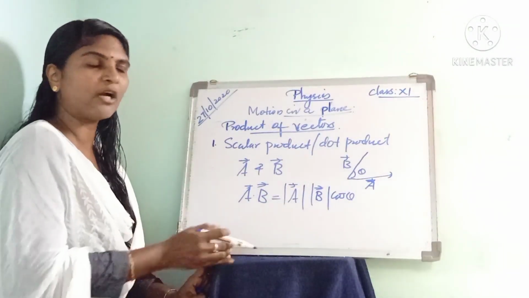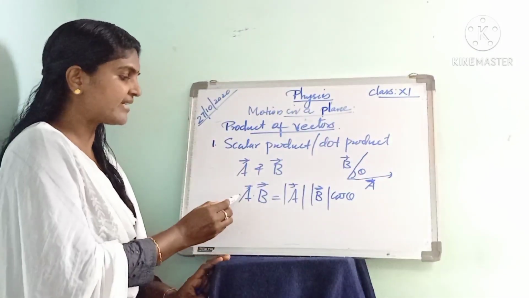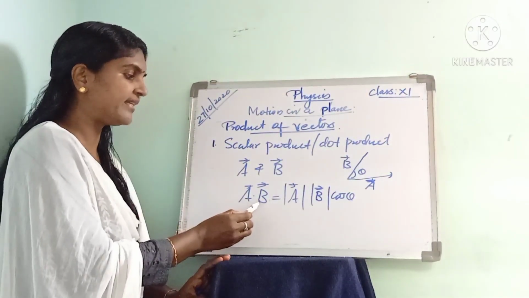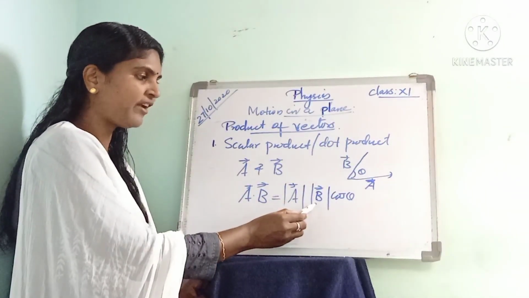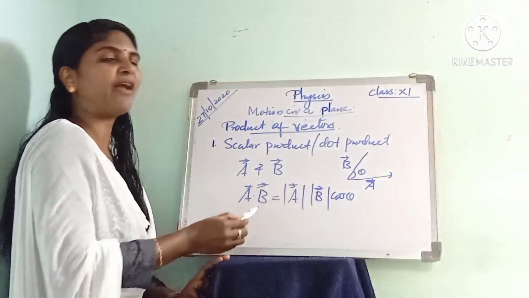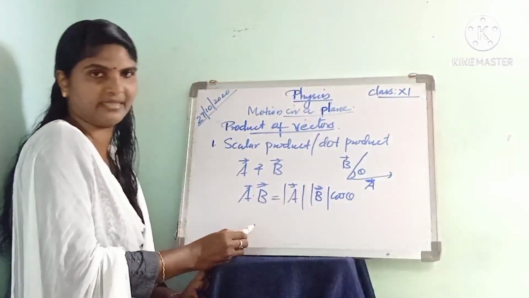So we can write the scalar product A dot B as modulus of vector A, modulus of vector B and cosine of the angle between A and B, simply cos theta.